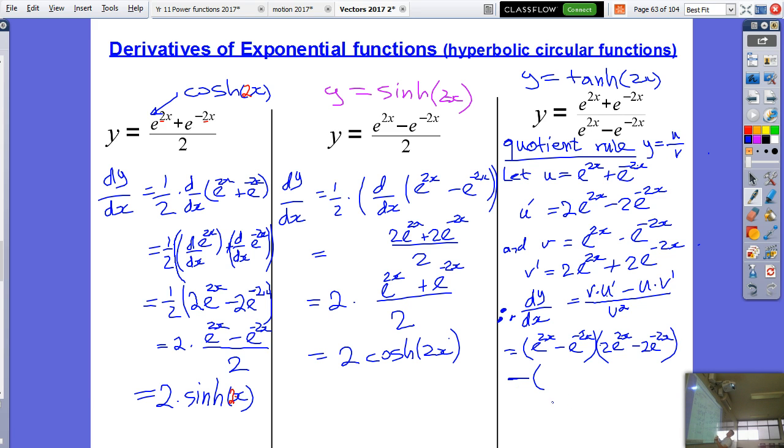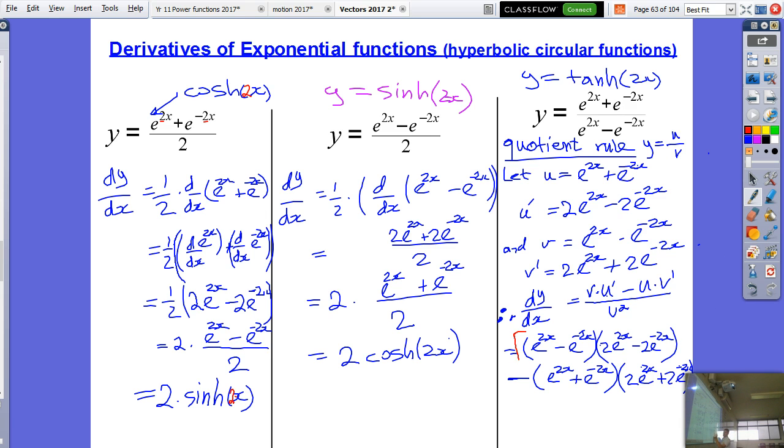Next bit, u times v dash, negative 2x. Okay.